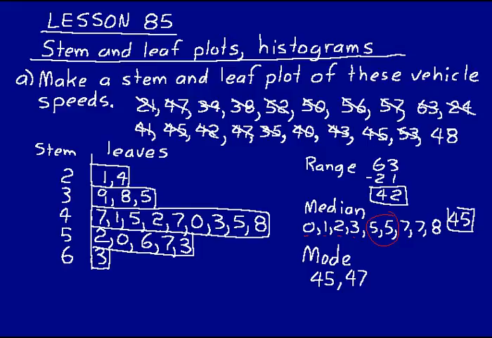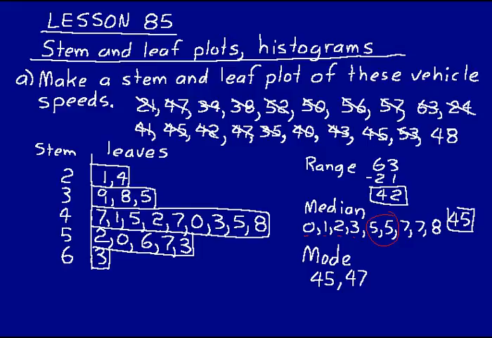Once the stem and leaf plot is made, it's easier to figure out values such as range, median, and mode. And it's helpful in giving you an idea of what the mean or average of that set is, because that's usually the stem that occurred the most number of times. It's usually going to be somewhere within that particular stem.